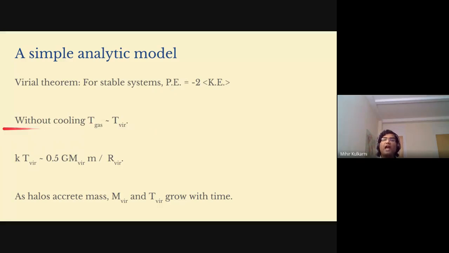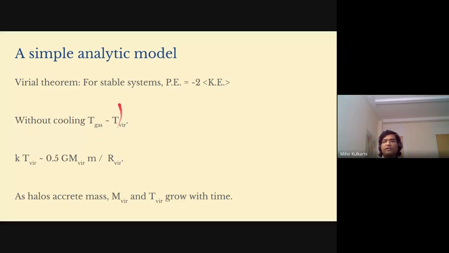And the gas inside the dark matter halo is also heated because of shocks to what we can define as the virial temperature, because of this virialization. So the gas temperature is nearly the same as the virial temperature.